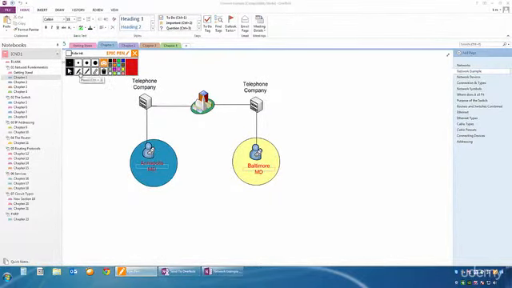Here's an example of a network. One example would be you making a phone call. You're sitting here in Annapolis, Maryland, and you decide that you want to call your buddy over here in Baltimore, Maryland. And because of that, the telephone signal is going to go up.